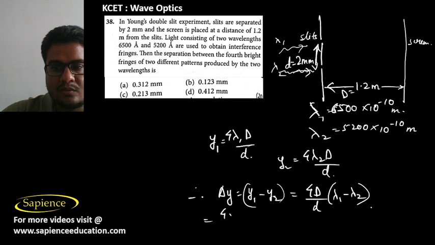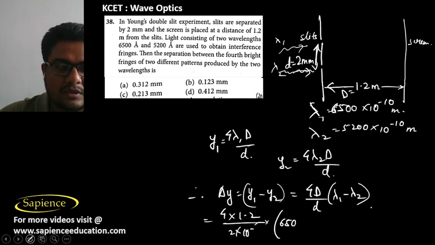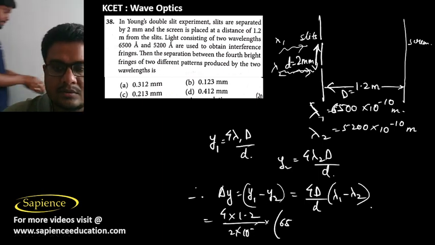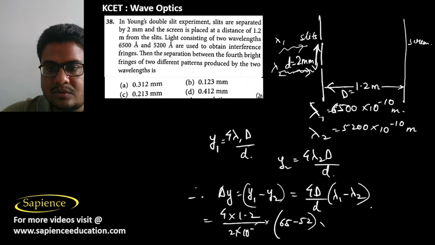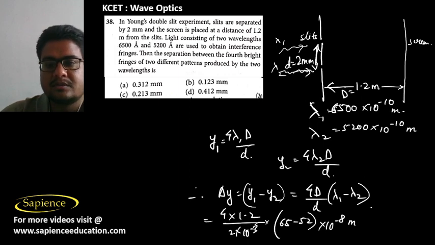That will be equal to 4 into D, that is 1.2 meter, divided by d, that is 2 into 10 power minus 3 meter, into (65 minus 52) into 10 power minus 8 meters.